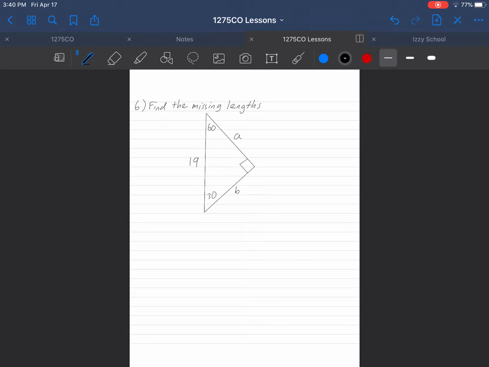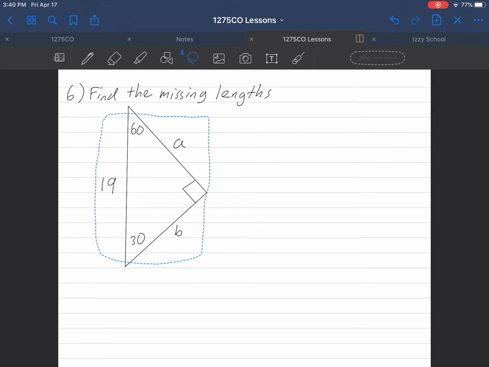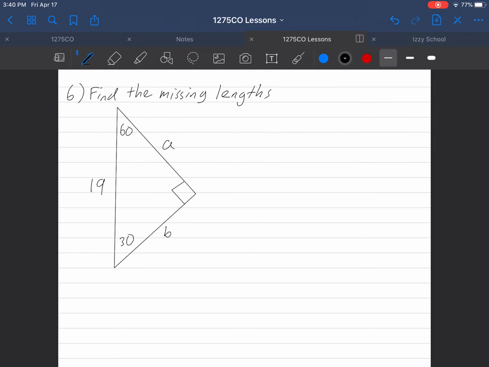Number 6, right? Again, I'm trying to throw different orientations of these right triangles at you. I don't want you to get used to trying to identify these sides based on their location, based on left, right, middle, top, bottom. I want you to be able to identify these sides based on where the 30-degree angle is located.